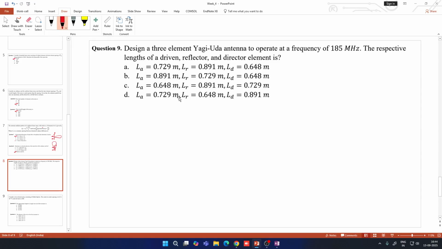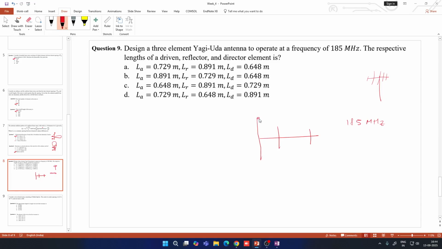So we have to design a 3-element Yagi-Uda antenna. Earlier people used the Yagi-Uda antenna for television, right? So they used to look something like this. Here we have to design a 3-element Yagi-Uda, which should look something like this, operating at a frequency of 185 megahertz, and find the respective lengths.